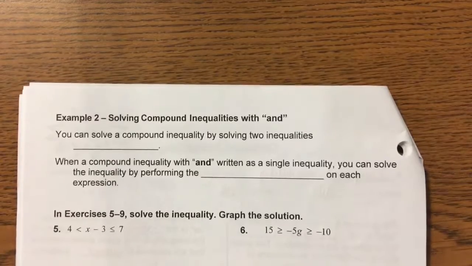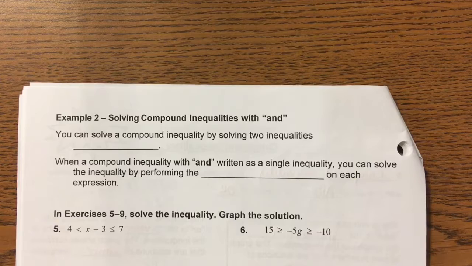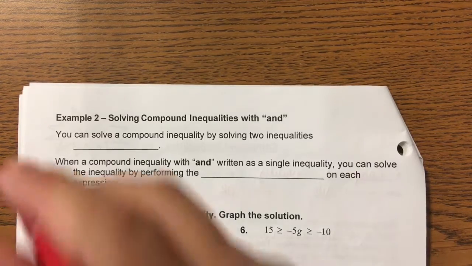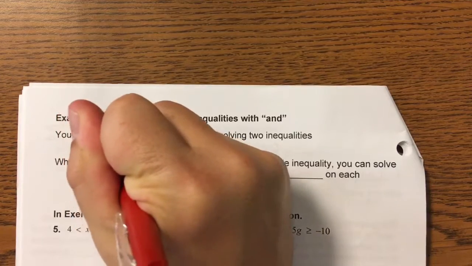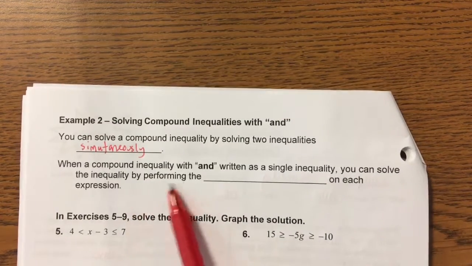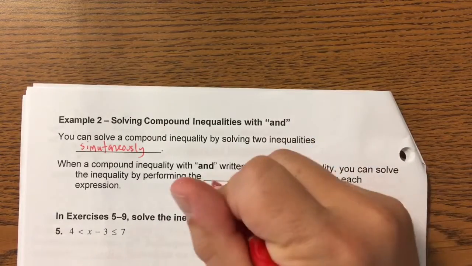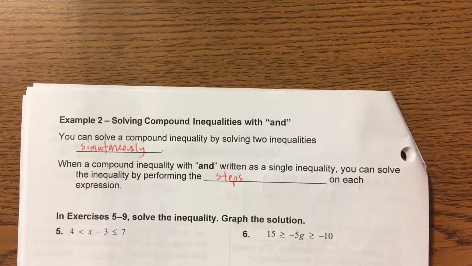So you can solve a compound inequality by solving two inequalities at the same time, or simultaneously. When a compound inequality with and is written as a single inequality, you can solve the inequality by performing the steps on each expression. Okay, so what does that mean?